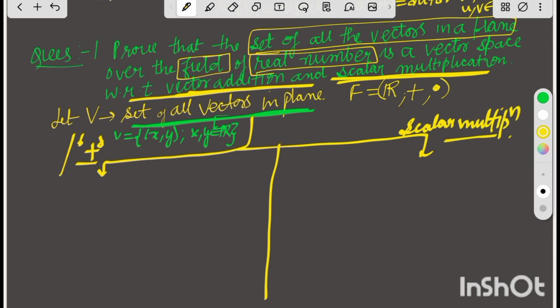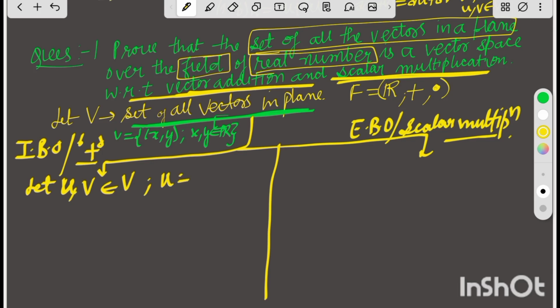Or we can say this is an internal binary operation and this is an external binary operation. It is defined as: let u and v be any elements of the set V. Therefore, u is equal to (u1, u2) and v is equal to (v1, v2).